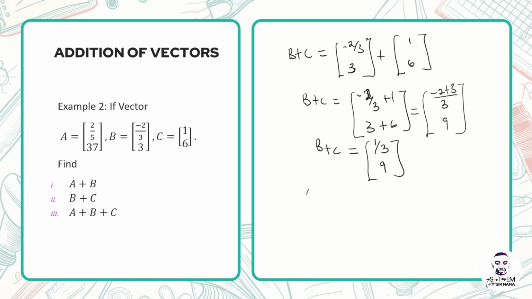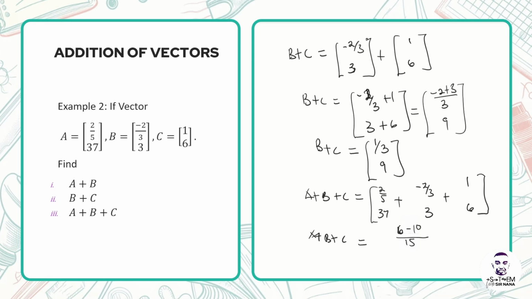And then this time we want to add A plus B plus C. So our A is 2/5 and 37, plus B, which is -2/3 and 3, and then we add C, which is 1 and 6. So A plus B plus C is equal to, for the top, an LCM of 15. 5 will go into 15 3 times, and 3 times 2 gives us 6. 3 will go into 15 5 times, and 5 times 2 gives us -10.